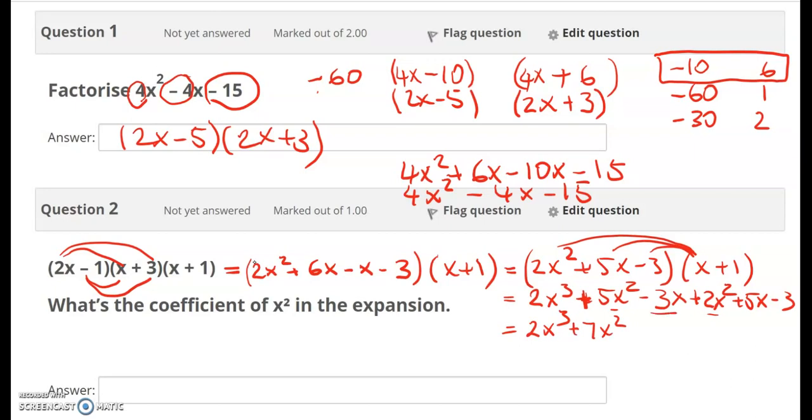We've got minus 3x plus 5x, which is 2x, and we have minus 3 at the end. So this is the final version of it, and the question is, what's the coefficient of x squared in the expansion? The coefficient is the number that is in front of x squared, which is 7.